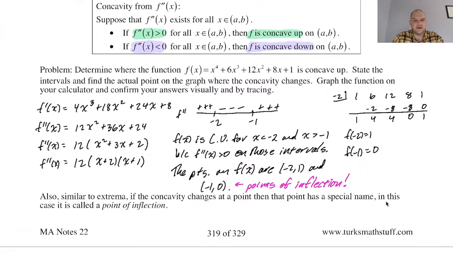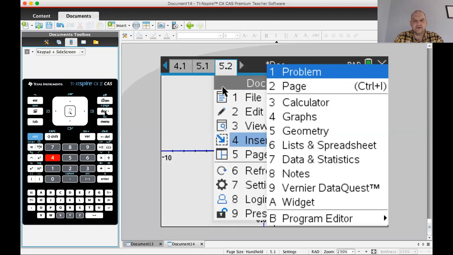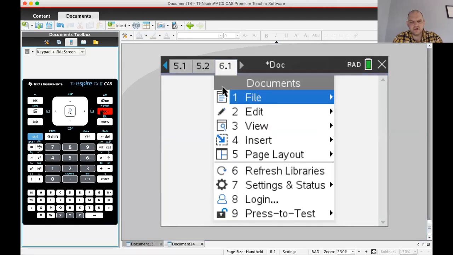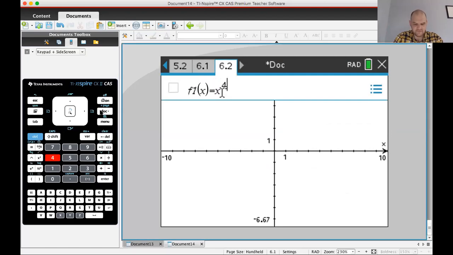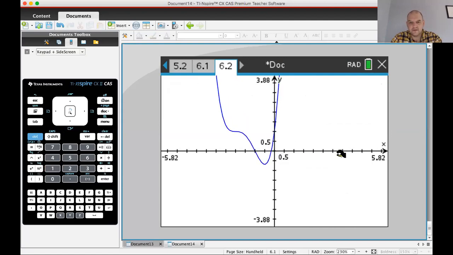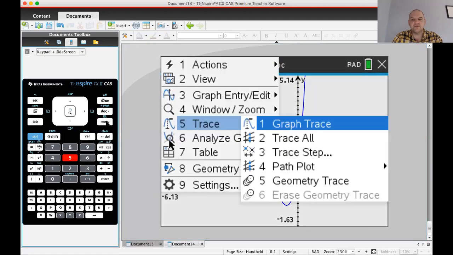Let's see. So I'm going to add a new problem, and on a calculator page, let's just insert the graph page and go from there. So it's x to the 4th plus 6x cubed plus 12x squared plus 8x plus 1. Okay, so I'm going to trace, menu 5.